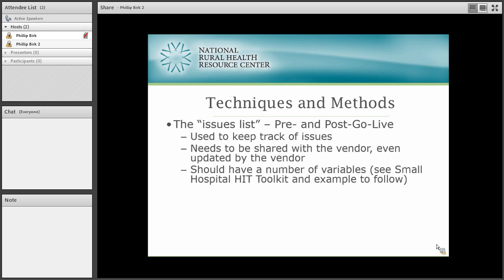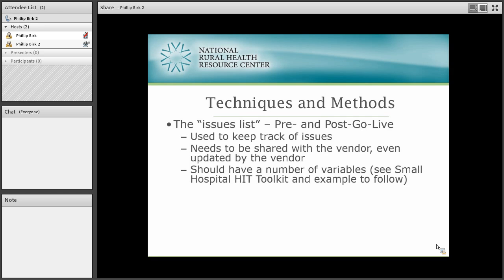So how do you? We talked a lot here about looking at things from the vendor's point of view, understanding how things get prioritized. How do you manage that? What are some of the techniques you can use? I'm a big fan of an issues list.